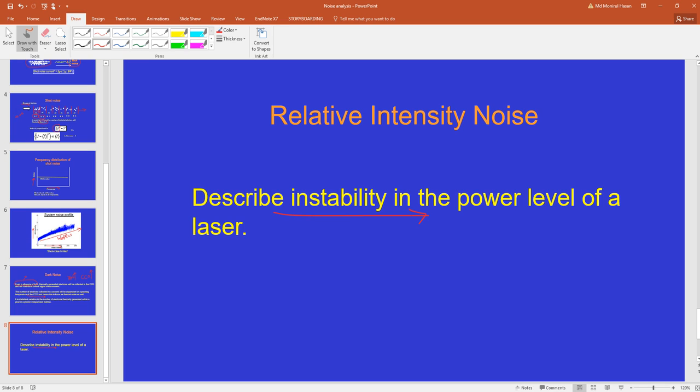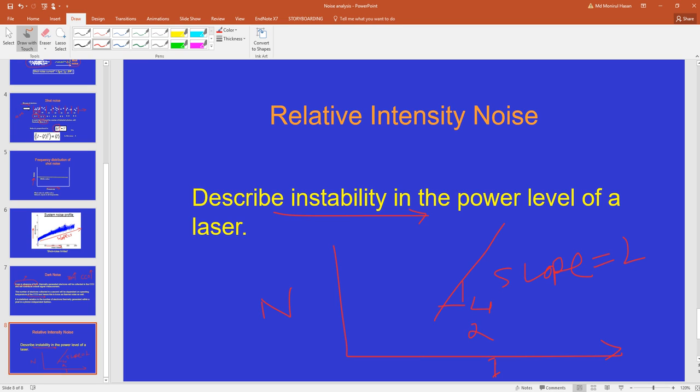We don't want to run our laser in the relative intensity noise region, because in this region, this is intensity and this is noise, and if we increase the intensity, the slope of this graph is 2. That means if we increase the intensity by a factor of 2, then the noise will increase by a factor of 4.